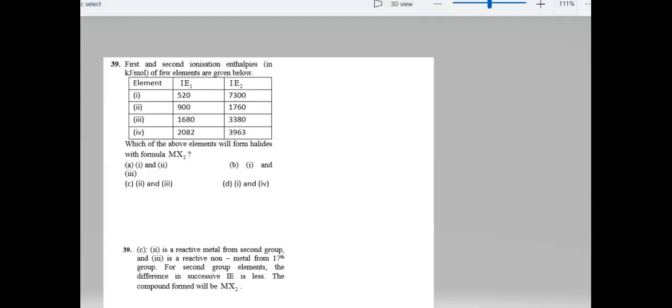And if you look at the values of the third column, 1680 and 3380, there is a huge difference between ionization enthalpies. So obviously it belongs to a 17th group element, that is a non-metal. So it will only form MX2, like calcium chloride CaCl2, MgCl2, this type of compound.